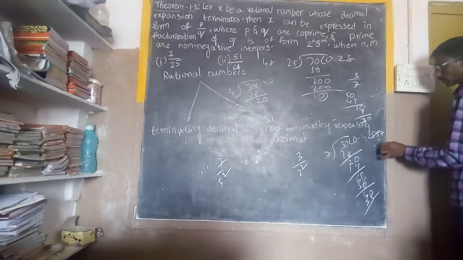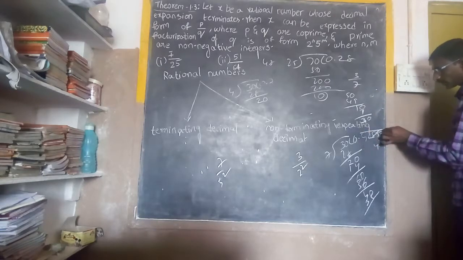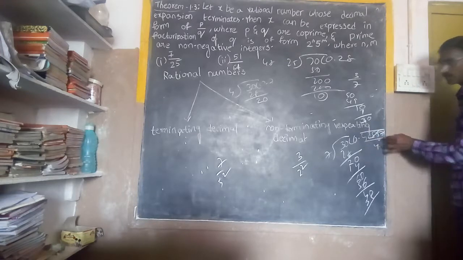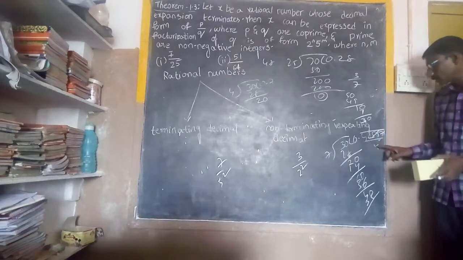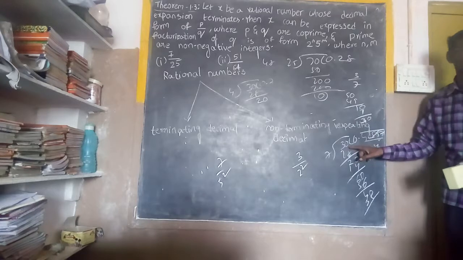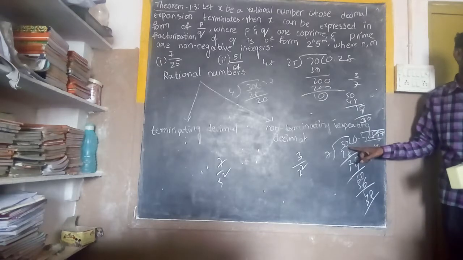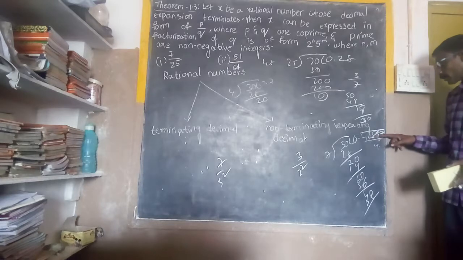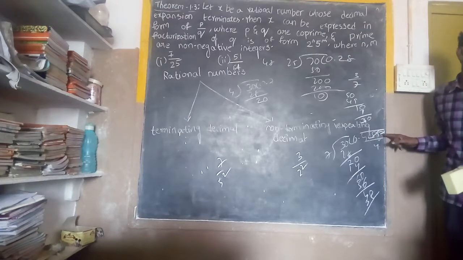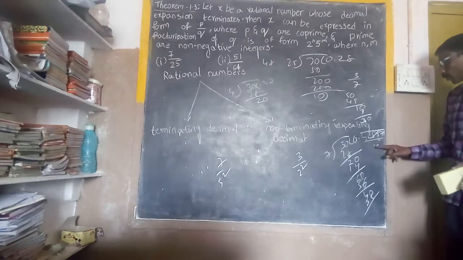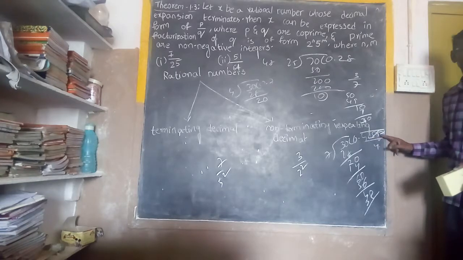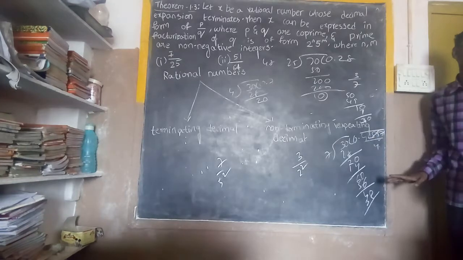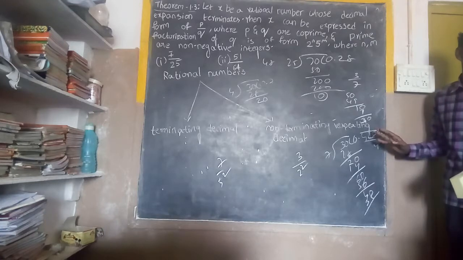See here, up to here it is repeated again. That means it came again to 30. That means what is the recurring part here? 4 2 8 5 7 1 is the recurring part. Again it will repeat: after the 4 you will get 2, again 8, again 5, again 7, again 1. So it is repeating like that.